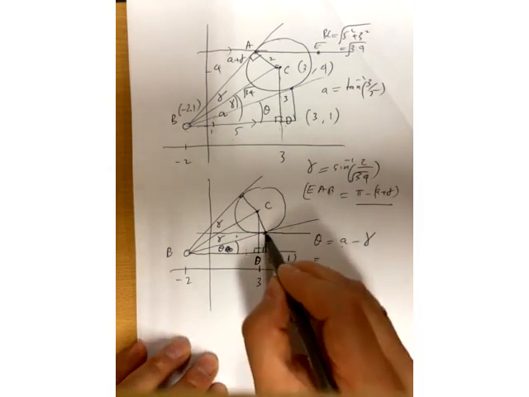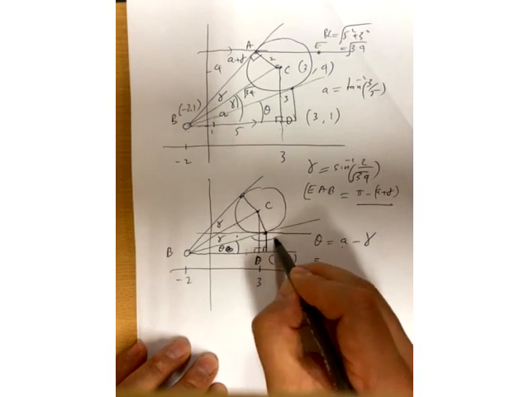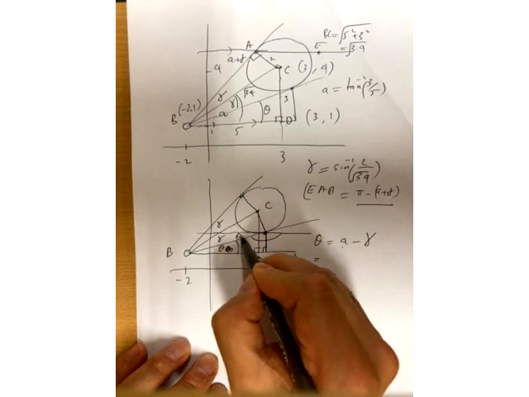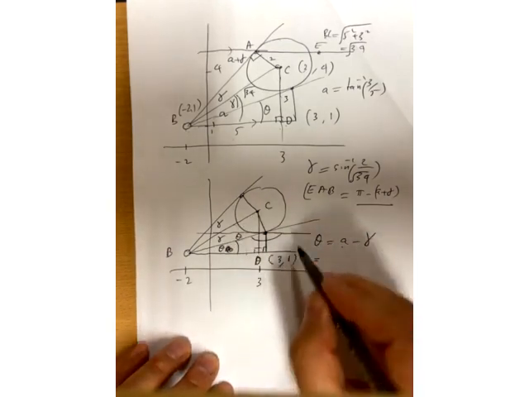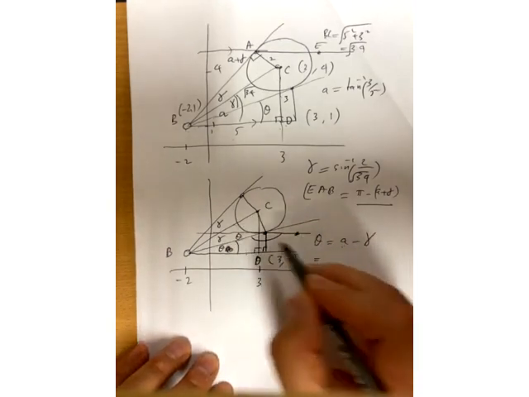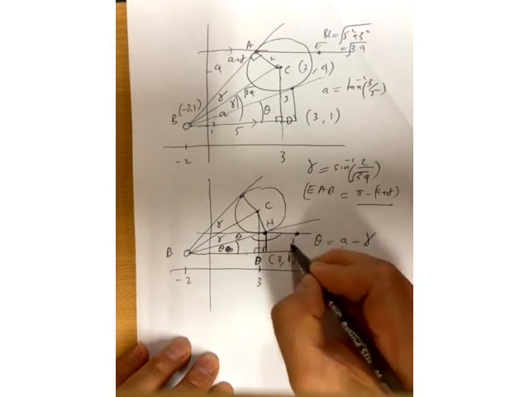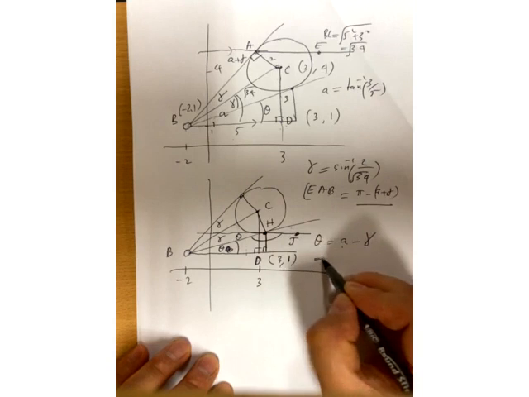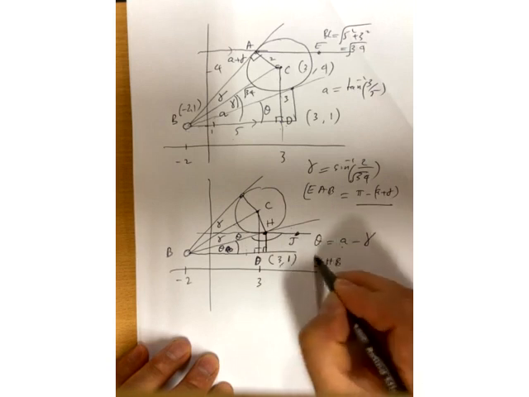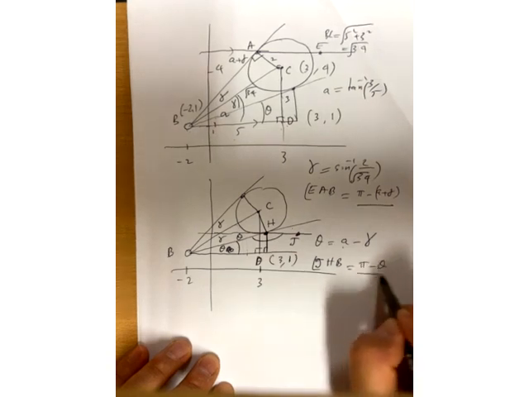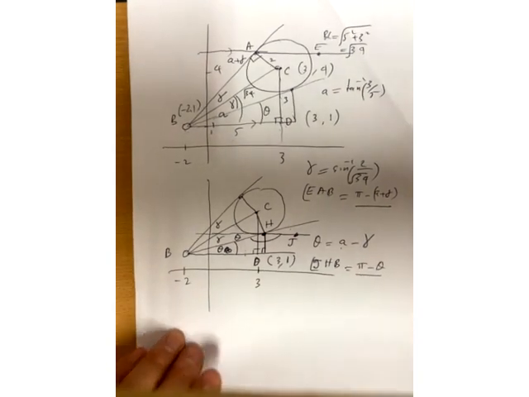This angle here is theta as well, in parallel lines. Let me call this H, and let me call this J. So angle JHB is going to be pi minus theta. And that's basic geometry. Now you can do this question.